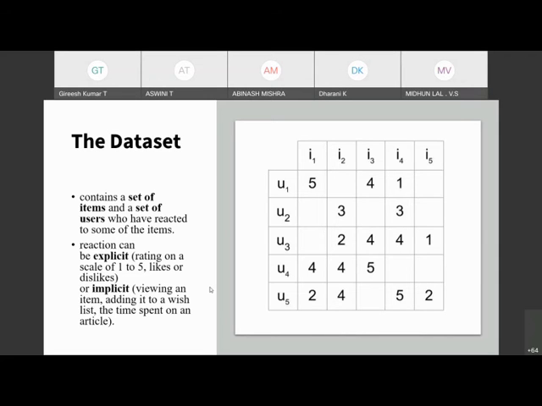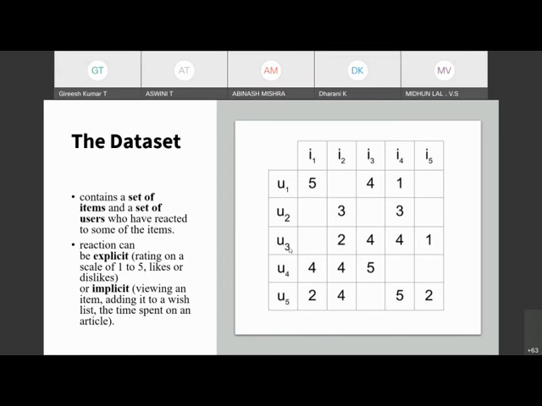Now just assume that this is a very small data set containing a set of items: item number 1, item number 2, item number 3, item number 4, and item number 5. And a set of users: user 1, user 2, user 3, user 4, user 5, whatever may be the number of users.